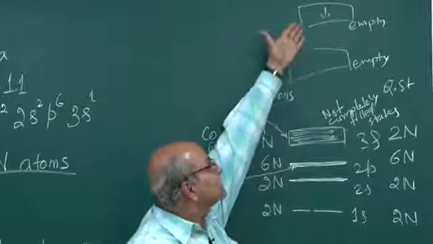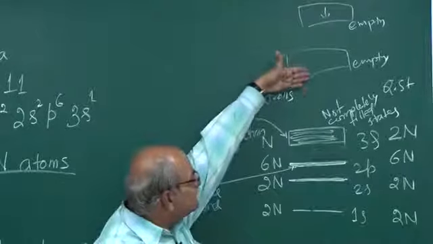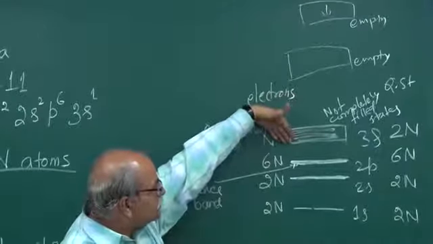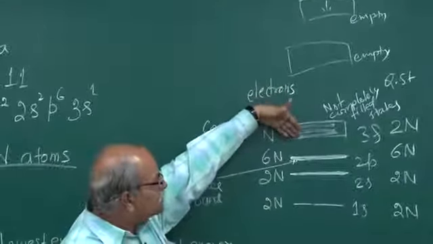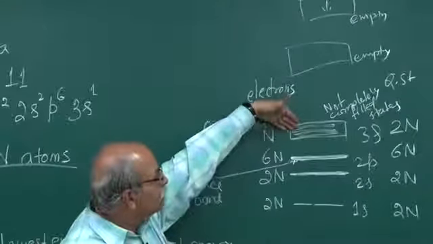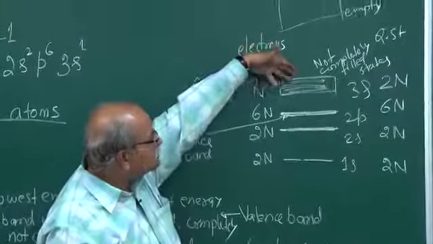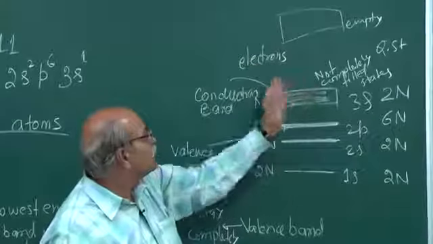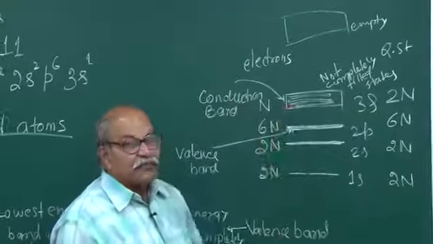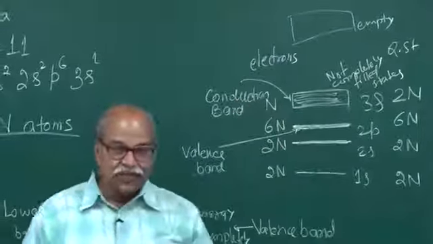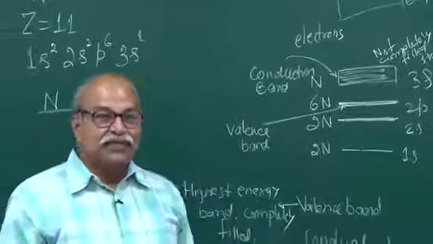This is also not completely filled. So, you come down and this is that lowest energy where you have not completely filled. If you go further lower, you have a completely filled band. So, the first one coming from the top which is not completely filled, we will call that the conduction band. These two words I will be using very frequently.